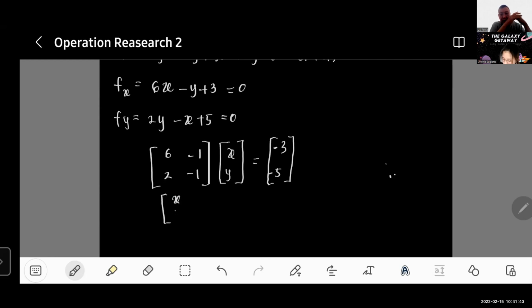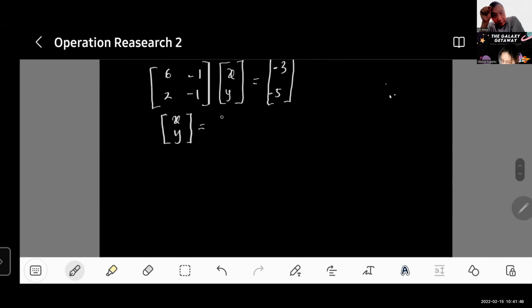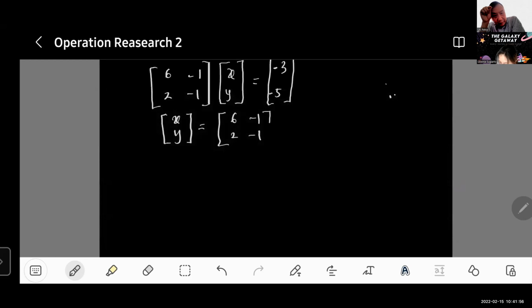So you write that x and y equals the inverse of that, so 6, minus 1, minus 1, 2 inverse, and then multiply by the constants. Very good. So you remember how to calculate the inverse of a 2 by 2 matrix. Yes. So this one is 8.